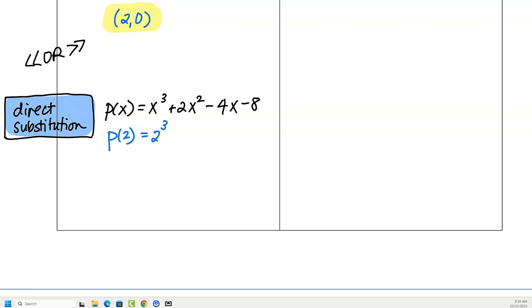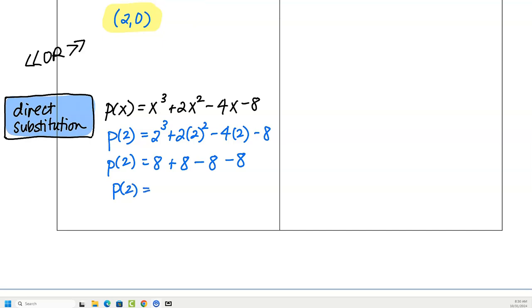So that'll be 2 cubed plus 2 times 2 squared minus 4 times 2 minus 8. 2 cubed is 8. 2 squared is 4 times 2 is 8, minus 8, minus 8. Do you see that P of 2 is 0?